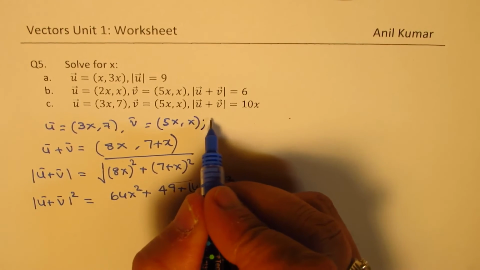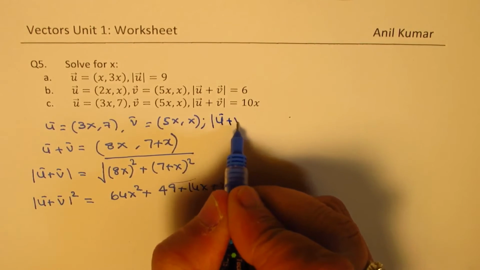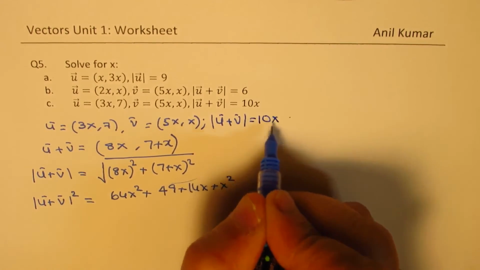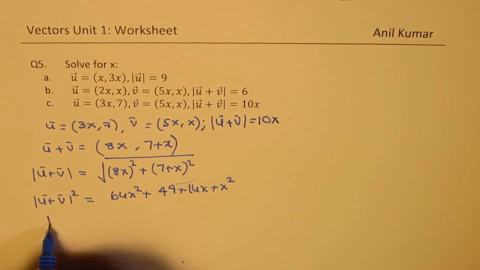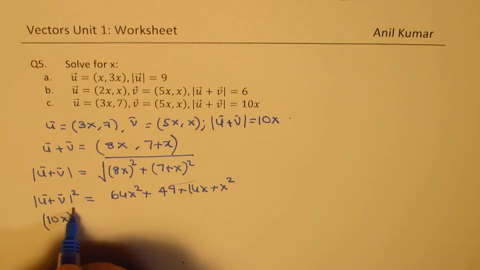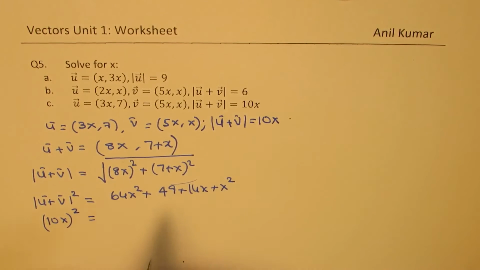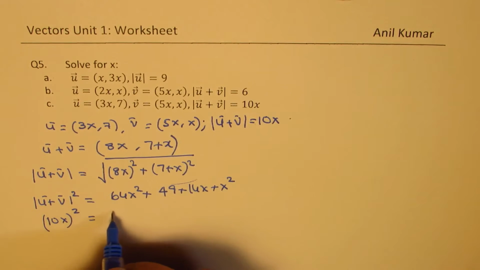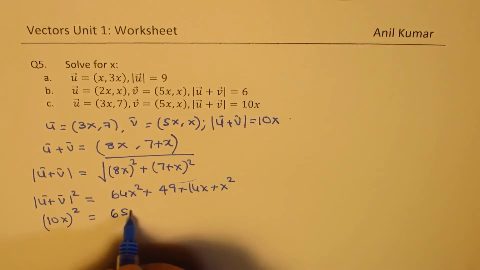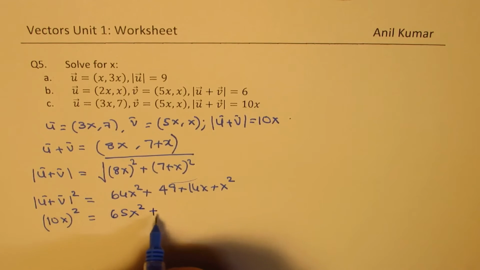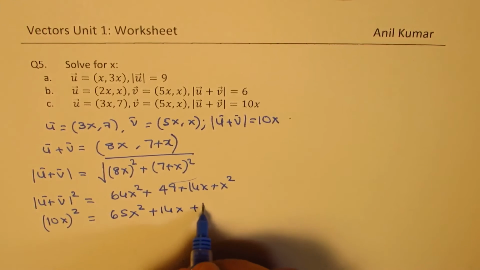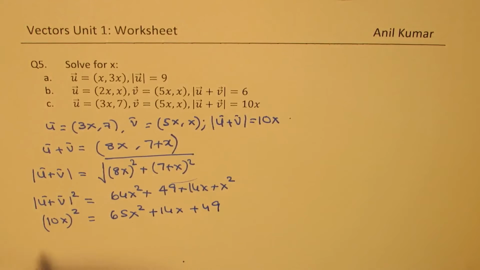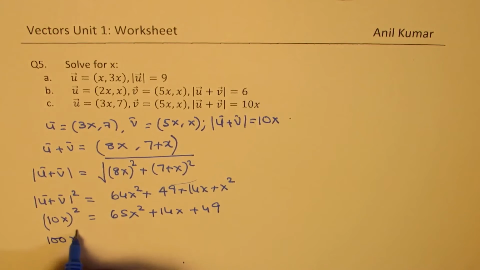So we are also given that the magnitude of u plus v is equal to 10x. So we'll replace this with 10x whole square equal to all this, right? So 64 plus 1 is 65x squared, and we have 14x plus 49. Here we have 100x squared, right?